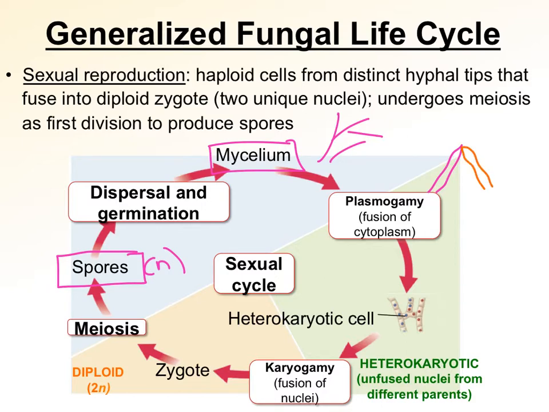And when they fuse, the cytoplasm is going to fuse, and you're going to reach a state known as the heterokaryotic cell. And in this cell, let's see if I can draw this for you, it's a little bit of each type. So let's say this is a cell here, right? So we've got lots of cells with septa separating them, and now we've got this other one, and now they're going to fuse together.